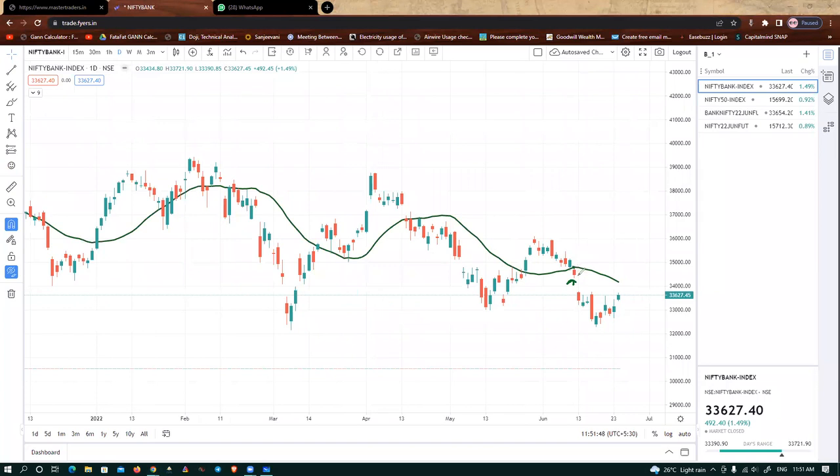And price is trading below this average. What is your interpretation? Price is not performing well. That is the reason it is trading below that. It means it is weak. So share price is weak right now.